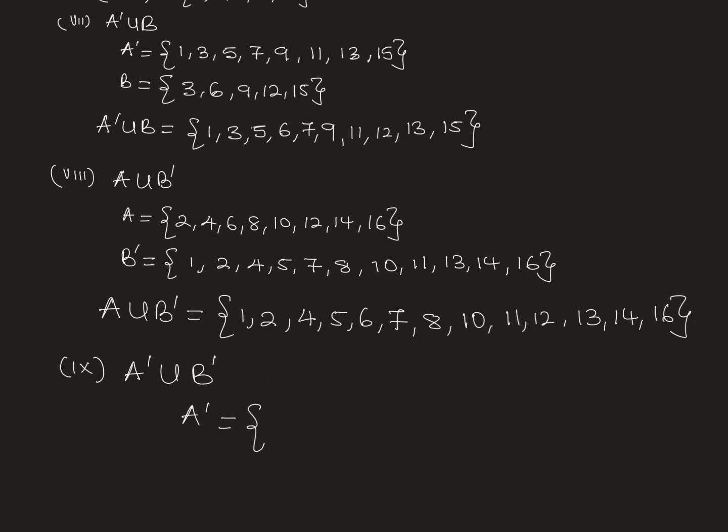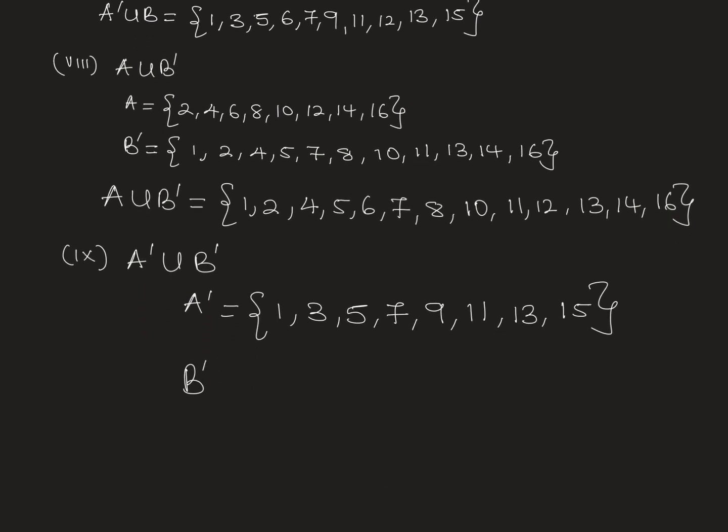A complement, we already know members of A, which are these. So if you exclude these numbers, what will you have? You'll have 1, 3, 5, 7, 9, 11, 13, 15, right? So what is B complement?